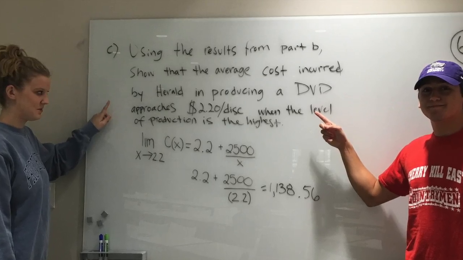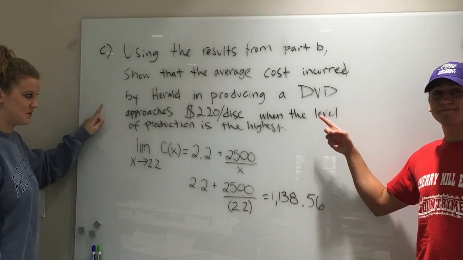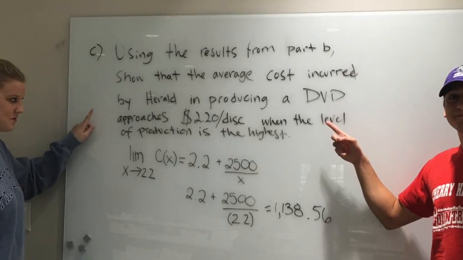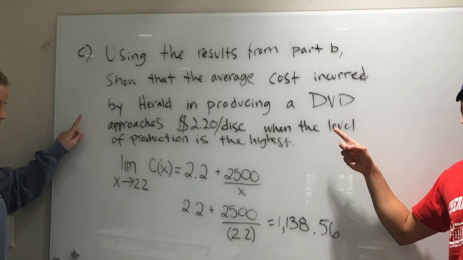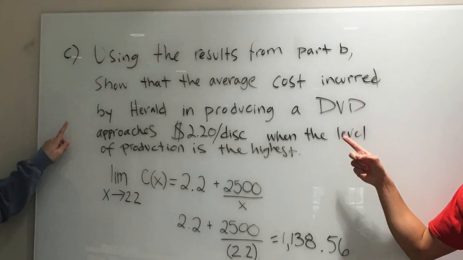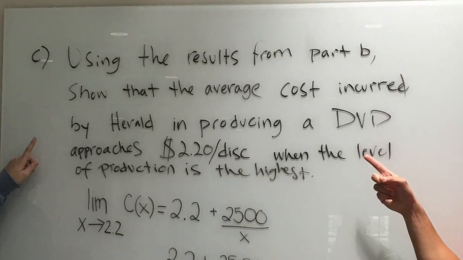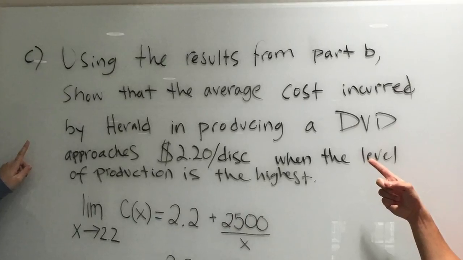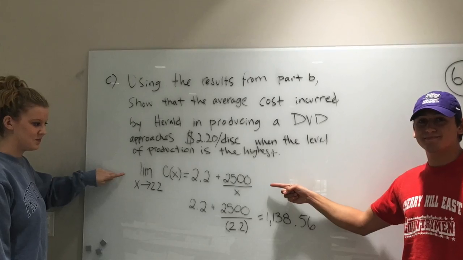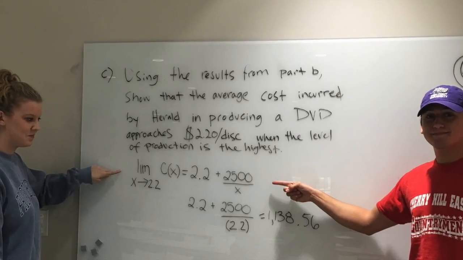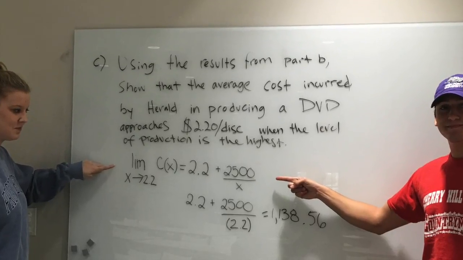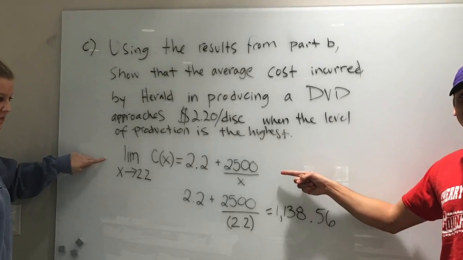So here's a quick recap of part C. First we need to find out what exactly we're going to look for. We show that the average cost incurred by Herald in producing a DVD approaches $2.20 a disc when the level of production is the highest. When we see that something approaches a number, that's our automatic hint that it could be a limit.